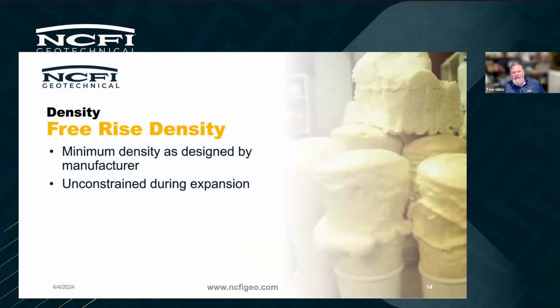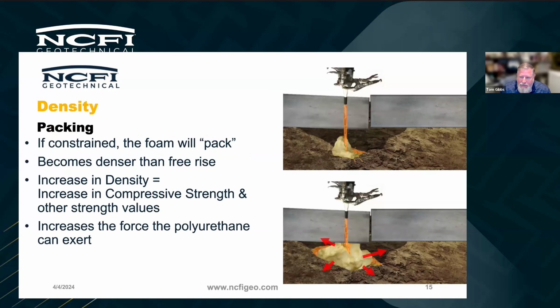Density. So the free rise density of our polyurethanes are what you're going to find on our tech data sheets. This is the minimum density as designed by us, the manufacturer. But those samples are unconstrained or unrestrained during expansion. When we're actually applying the product in situ, into the ground, the foam is going to pack in, as we say. It becomes denser than that free rise number.